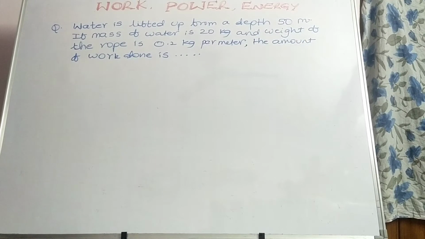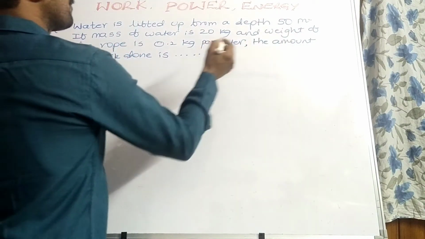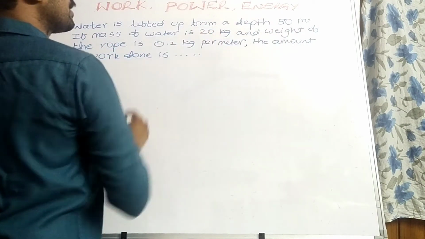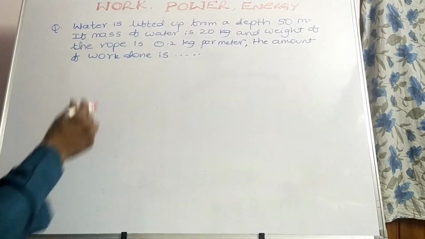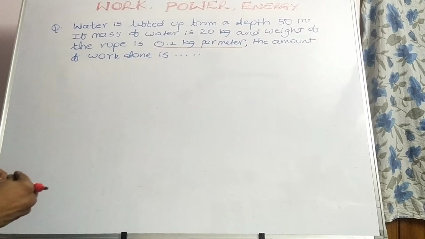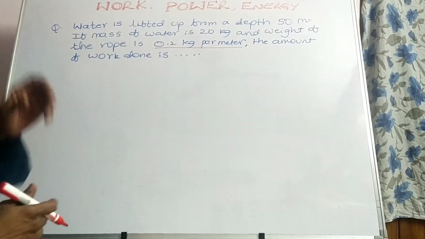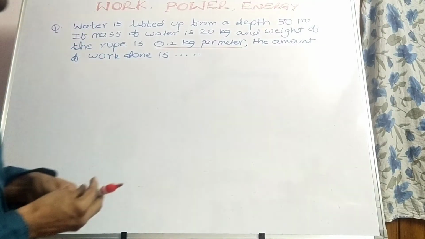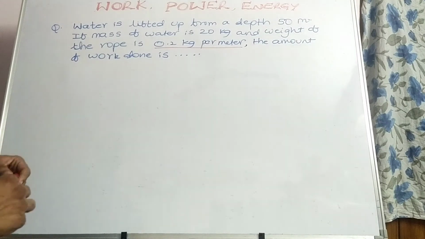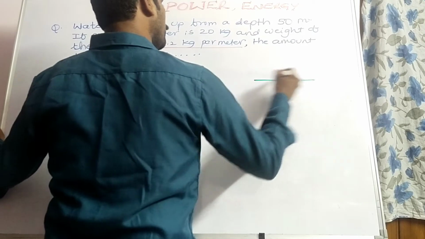So now here we have water lifted up from a depth of 50 meter. If the mass of water is 20 kg and the weight of the rope is 0.2 kg per meter, what is the amount of work done? For example, the depth of the well is 50 meter, given.